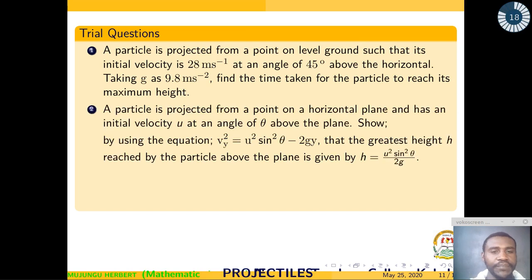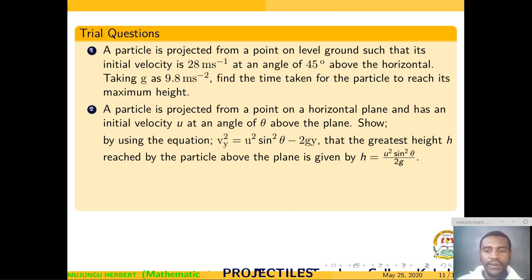Number 2, a particle is projected from a point on a horizontal plane and has an initial velocity u at an angle of theta above the plane. Show, by using the third equation of motion, v squared equals u squared sine squared theta minus 2gy, that the greatest height reached by the particle above the plane is given by that expression.